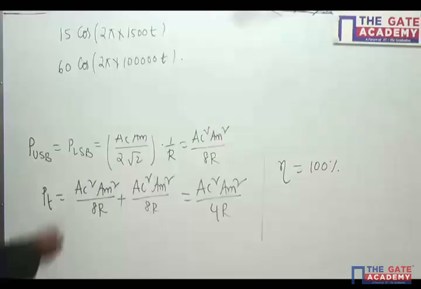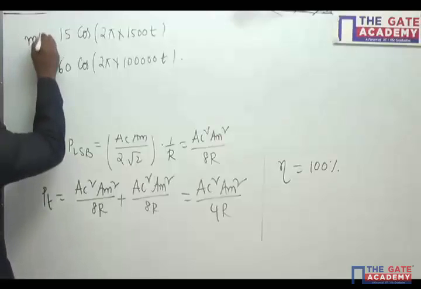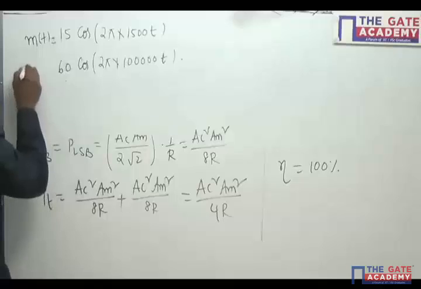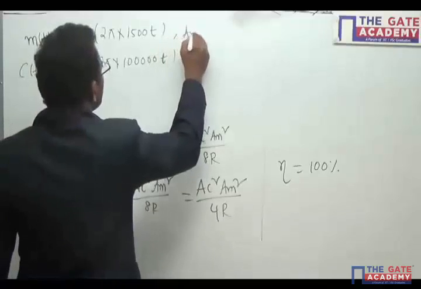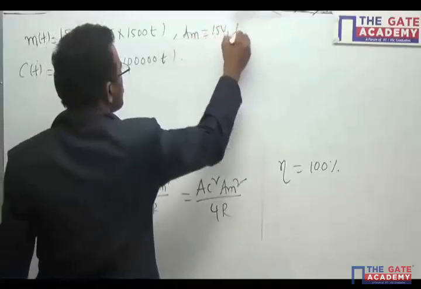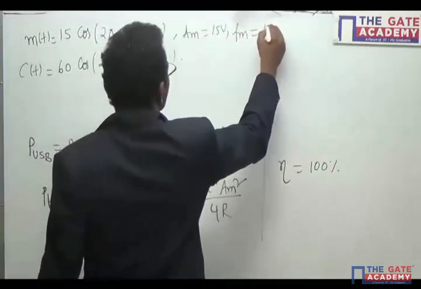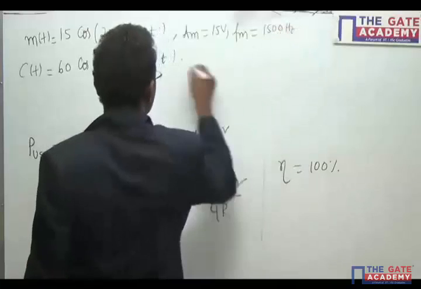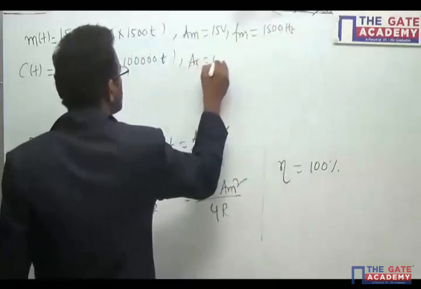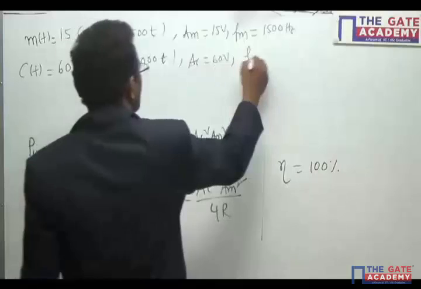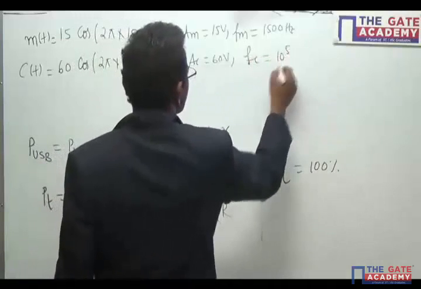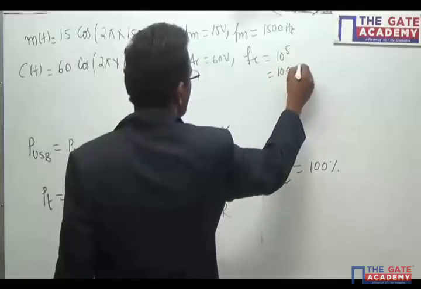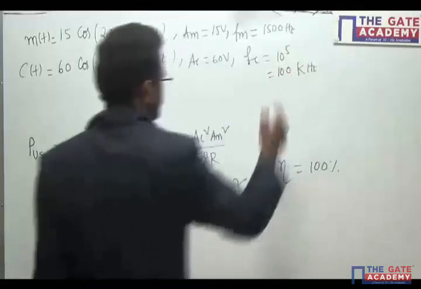Okay. An audio signal means this is the message we are going to modulate. This is the carrier signal. So what is the Am amplitude? 15 volts. What is the frequency? 1500 hertz. What is the Ac value? 60 volts. What is the Fc value? 10 to the power 5, or I can write 100 into 10 cubed, so 100 kilohertz.